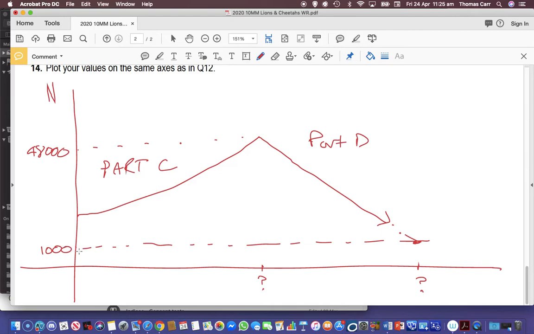And the definition of cured is that there are 1,000 or less bacteria. So in part C, the bacteria increased to 48,000. In part D, they start at 48,000 and go down until they get below 1,000.